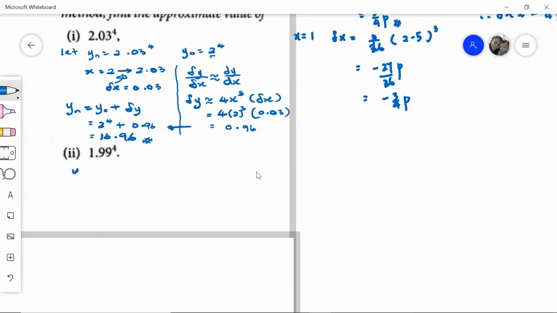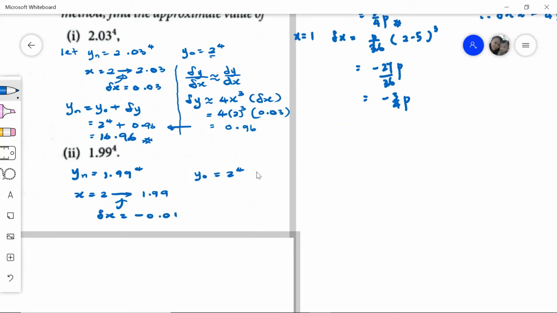So the new y is 1.99 to the power 4, whereby again our original y is 2 to the power 4. From here we know that x reduced from 2 to 1.99. Therefore, the very small change in x is negative 0.01. Negative because it reduces.